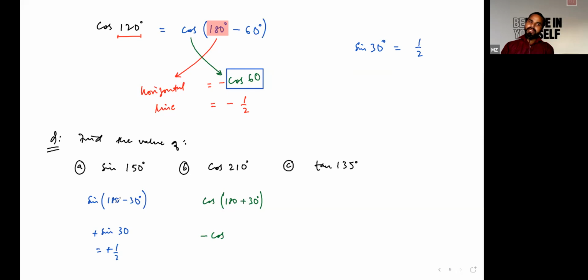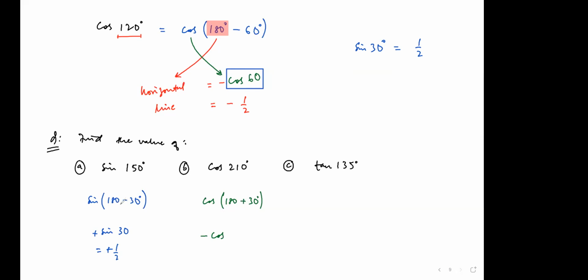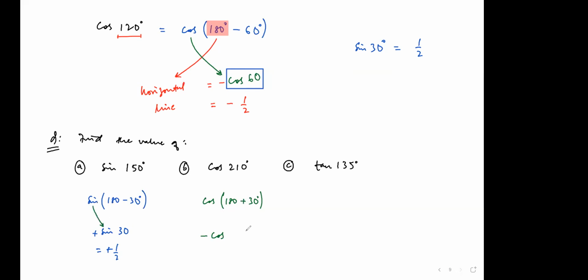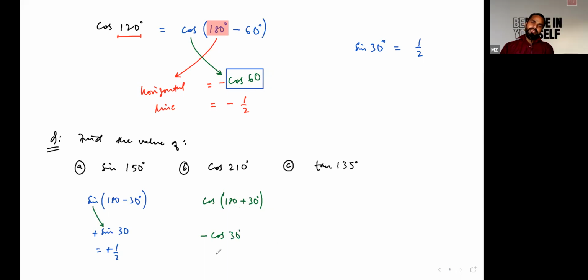So 180 degree will define you horizontal line, and on horizontal line there will be no change in trigonometric ratio. So it remains the same. So you can write 30 degree, and cos of 30 degree is equal to root 3 by 2. And there is negative sign since this particular angle would be lying in third quadrant.